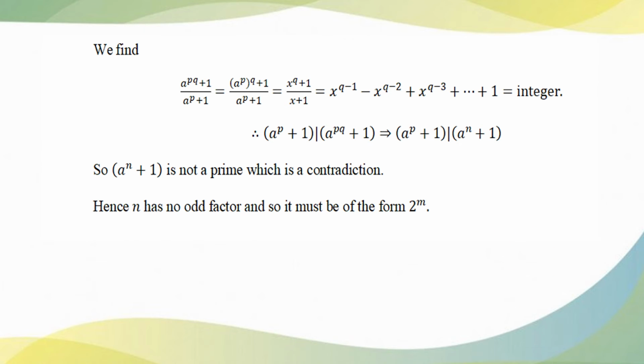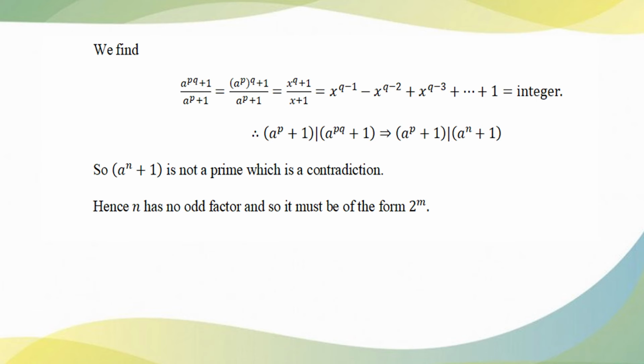In the denominator we have x plus 1. So x plus 1 will get cancelled. So we have the expression x power q minus 1 minus x power q minus 2 and so on plus 1. It is definitely an integer and it is greater than 1. So the numerator a power pq plus 1 divided by a power p plus 1 gives an integer result. So the remainder should be 0. That is, a power p plus 1 divides a power pq plus 1.